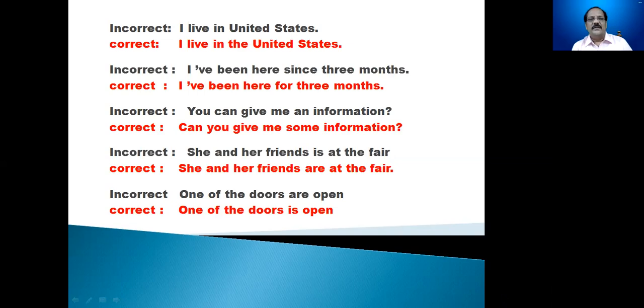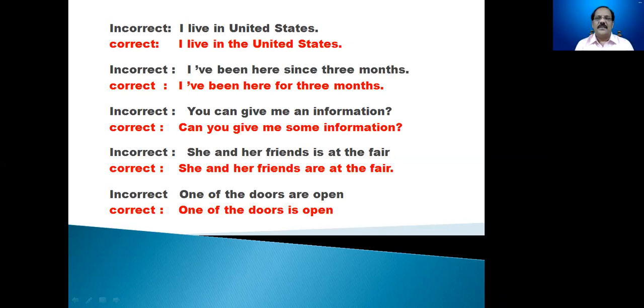Then look at the other. She and her friends is at the fair. This is about the agreement between subject and verb. We call it concord. What is concord? Concord is nothing but the agreement between subject and verb.